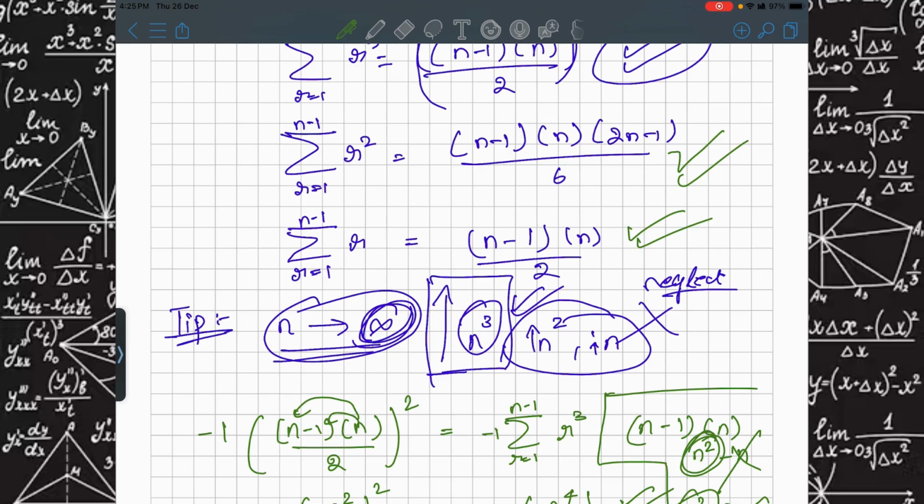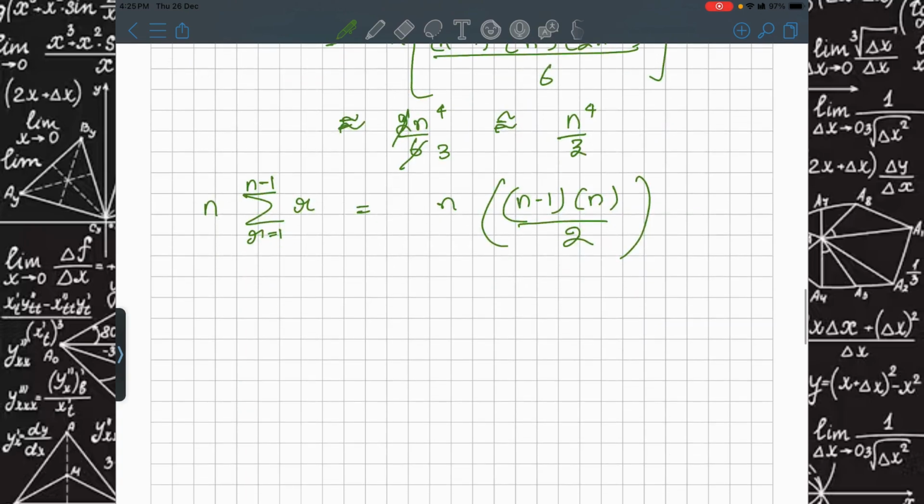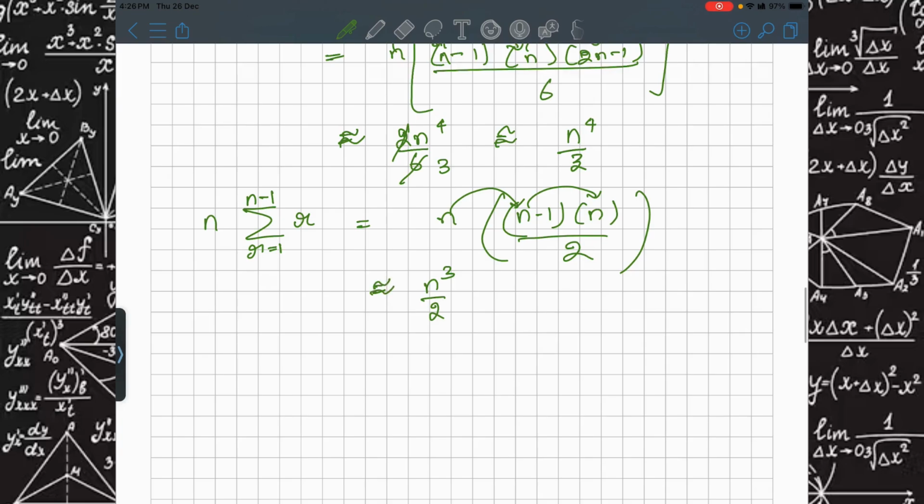So it is n times n minus 1 times n divided by 2. Getting it? So multiply this, find the dominant term, n square, n cube. So n cube divided by 2, right? So again, this is approximate value.